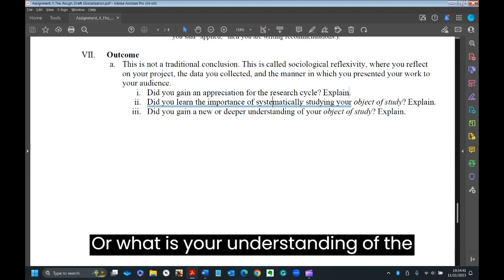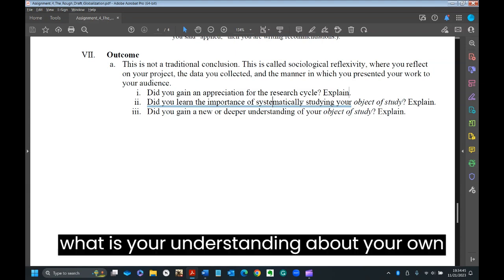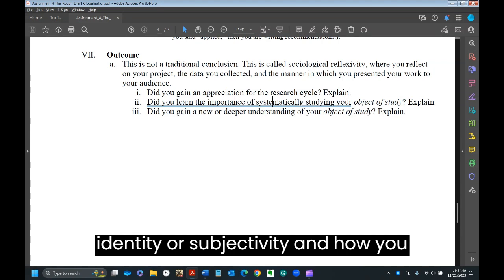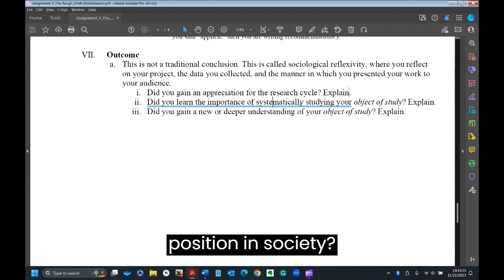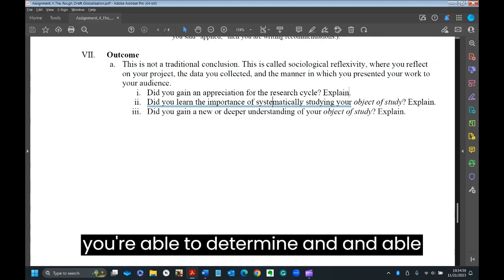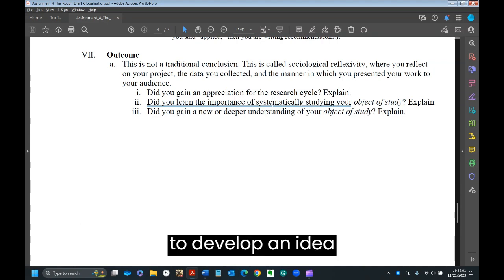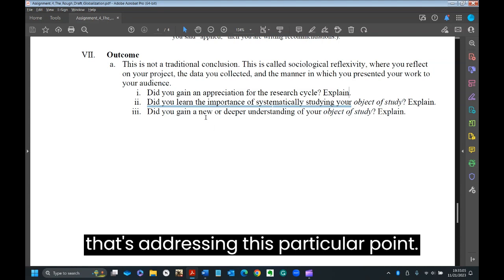Or what is your understanding of the terms race and ethnicity? Or what is your understanding of your own identity or subjectivity and how you relate to others and your position in society? Right. So that's how you're able to determine and develop an idea that's addressing this particular point.